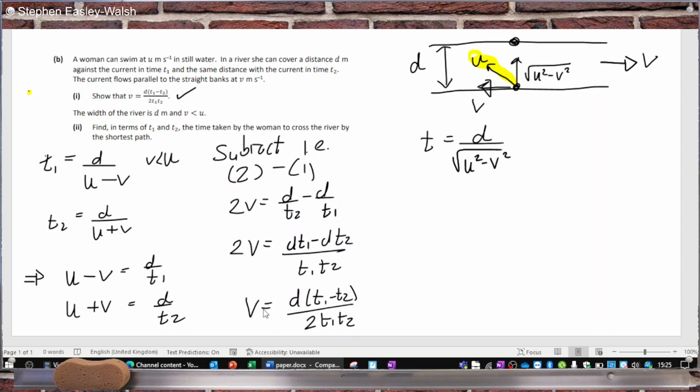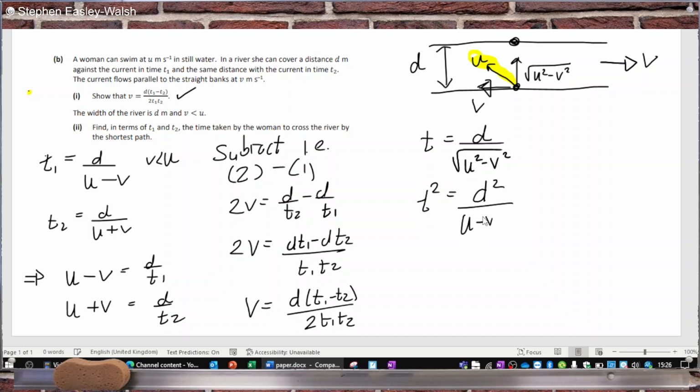But that doesn't quite get rid of the d's. Also, this is u plus v, u minus v. I'm going to make a bold move. I'm going to square everything for a moment. That becomes d squared.